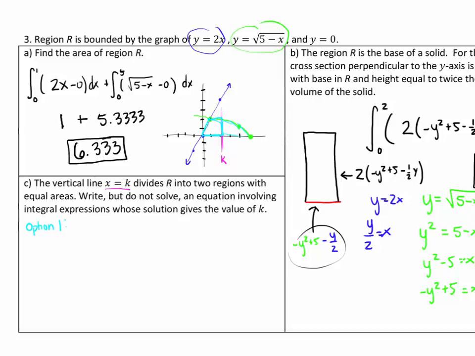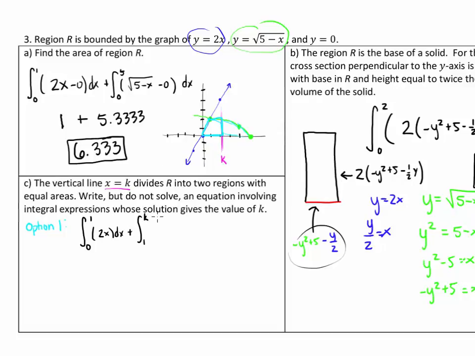So let's just do that really quick. Remember, you only have to do one of these, whichever makes the most sense. That's the integral from 0 to 1 of top minus bottom, so 2x minus 0, plus the integral from 1 to wherever k is. I don't know where k is, I just know it's going to be on that side of 1.